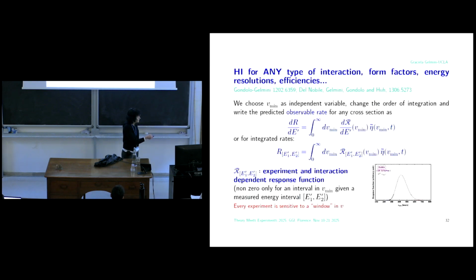If I exchange the order of integration, I can put the observable differential rate, either differential or integrated, as the integral of a kernel that depends on the particle model and the detector, and a function that depends only on the halo model.